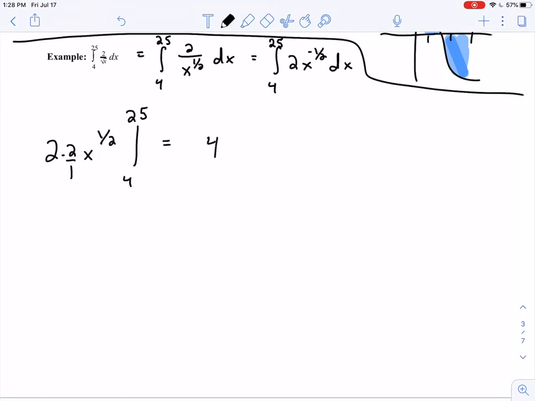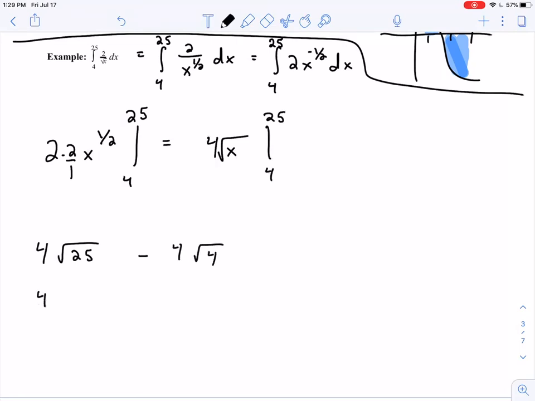This will be 4x to the 1/2. You can leave this as x to the 1/2 if you want to. Or if you know you're going to evaluate this and you know that's just a square root, it might be easier to switch it over to a square root. So evaluating at 25 and 4, I have 4 square root of 25 minus 4 square root of 4.